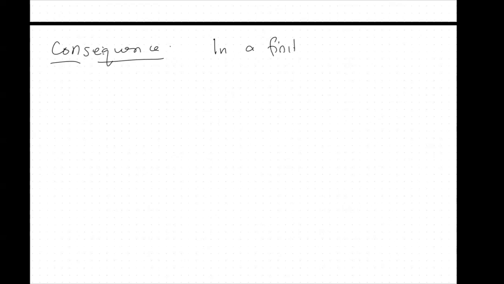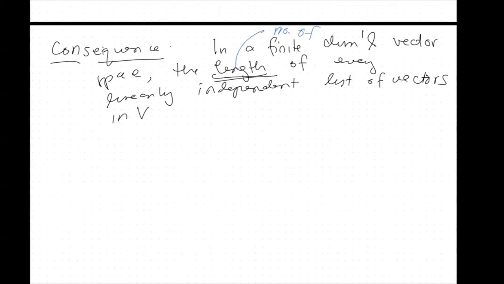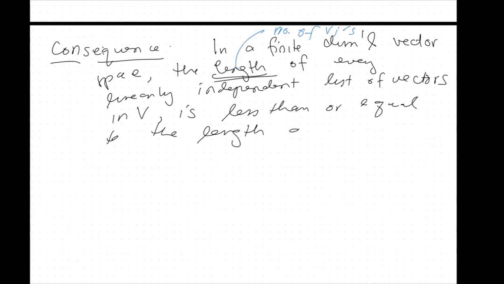In a finite dimensional vector space, the length of every linearly independent list of vectors in V, when I say length, I refer to the number of vi's, is less than or equal to the length of the spanning list.